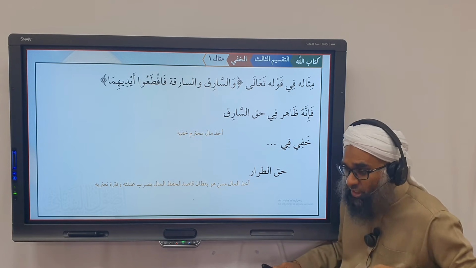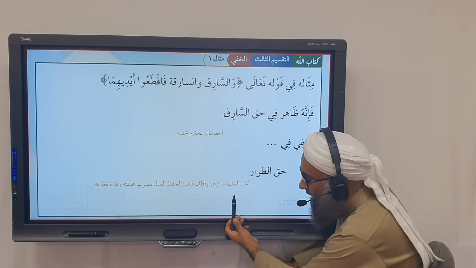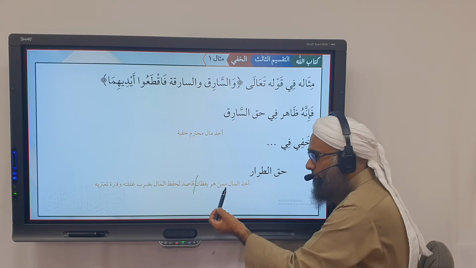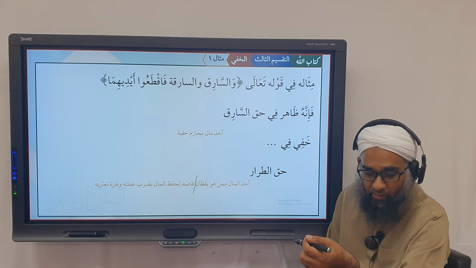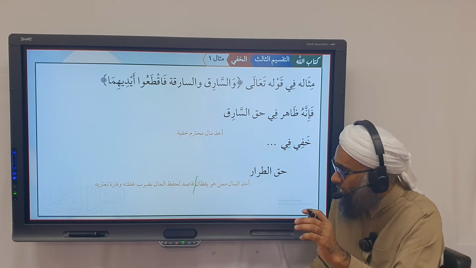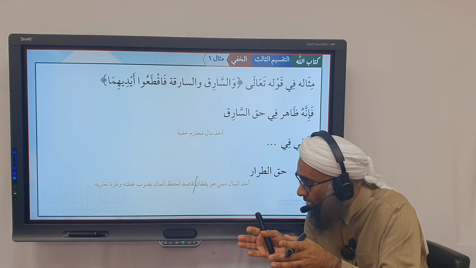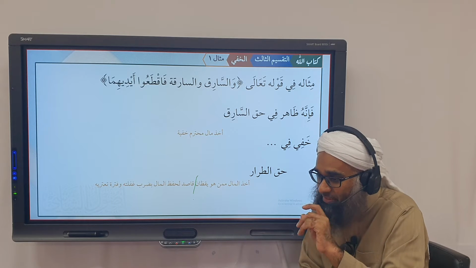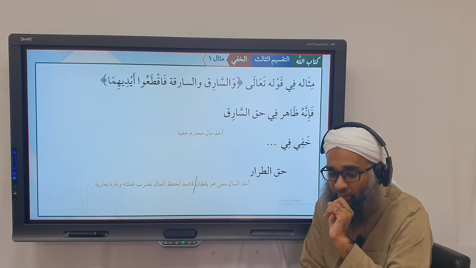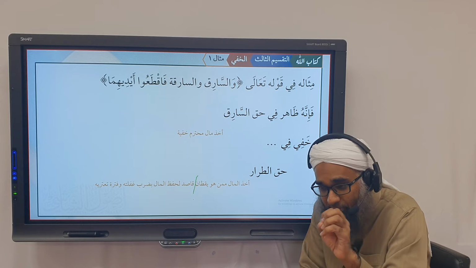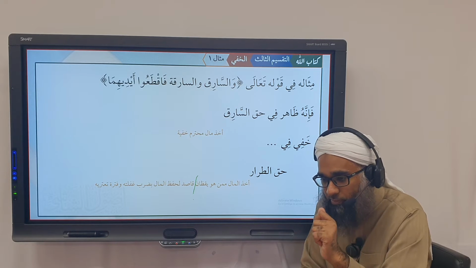It says here, in the hashiya, you have the definition. Akhdhul mali mimman huwa yaqdan. You take some money from somebody who's awake, who is intending to look after the wealth, but he waits for you to become a bit negligent. You've got a guard guarding something, and you wait till he hides, and then you go and take it.